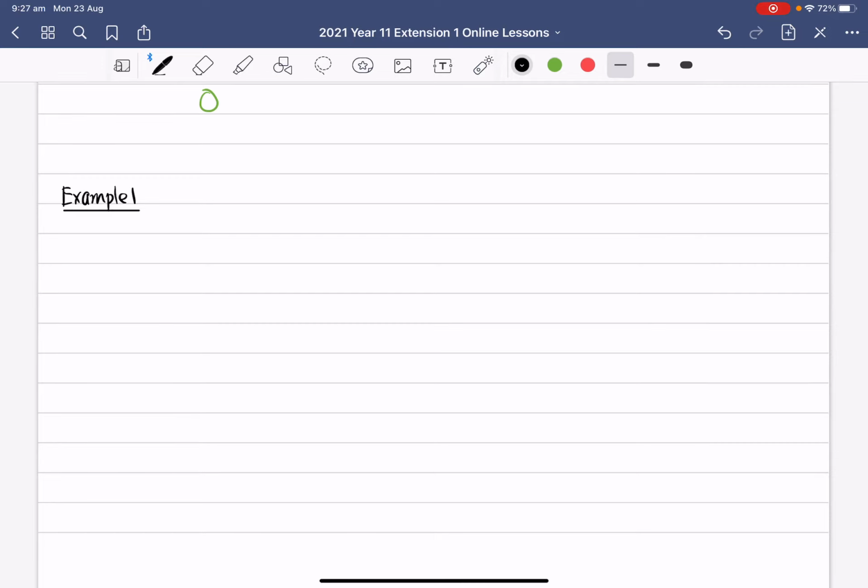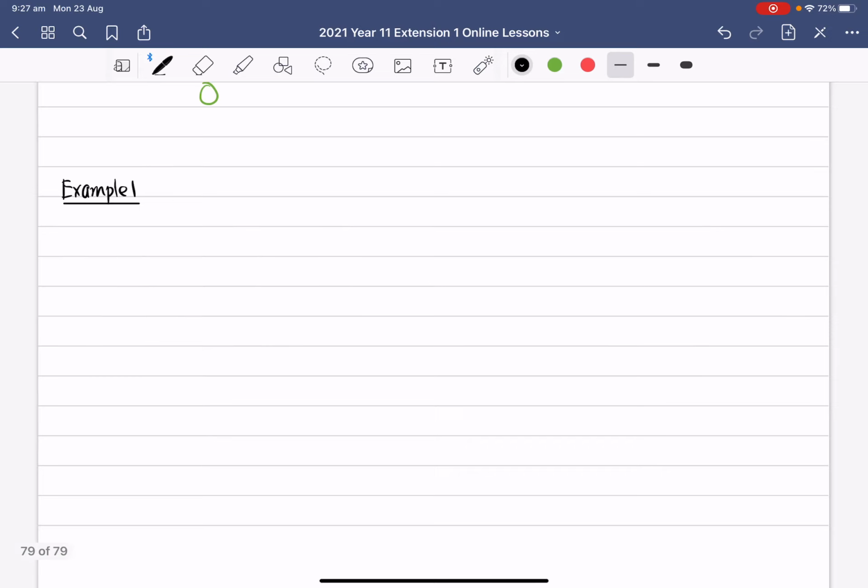Example 1. We've got 5 boys and 5 girls to sit around the table.